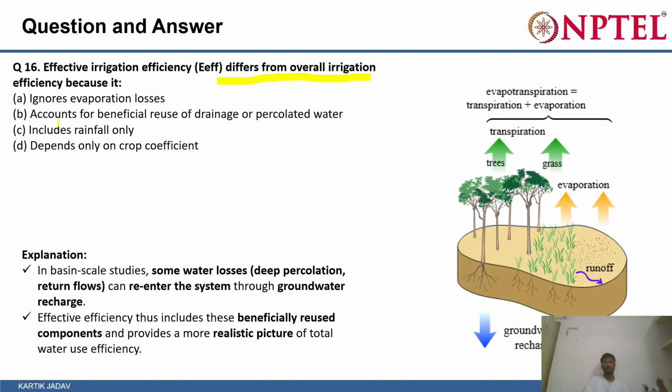Correct answer is option B, because in a basin field study, effective irrigation efficiency includes some water losses like deep percolation and return flow, which can also re-enter groundwater recharge. Effective efficiency does include the beneficial reuse component, as compared to overall irrigation efficiency, where it is not included.